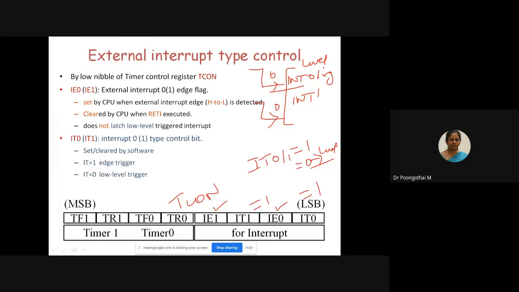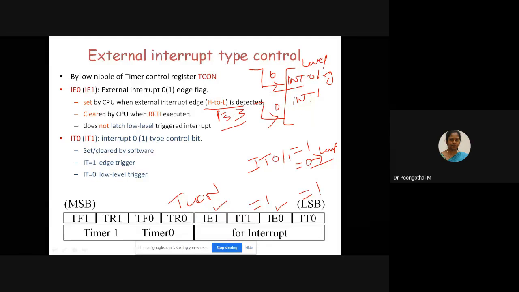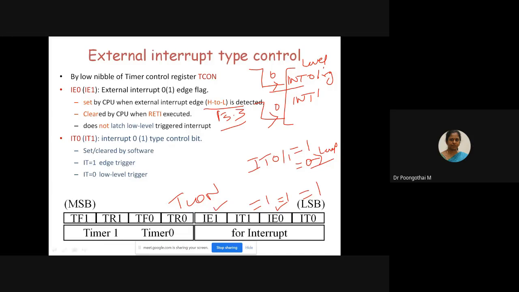When an external signal is detected on INT0, which means that a high to low pulse is detected at P3.2, this IE0 is going to be 1, otherwise 0. Similarly, IE1: when a high to low pulse is detected at P3.3, this IE1 is equal to 1.